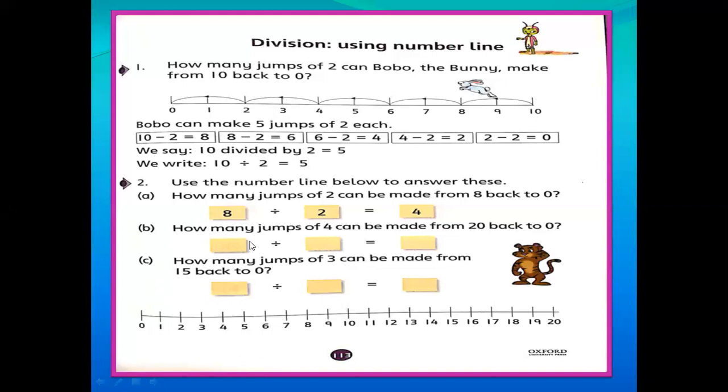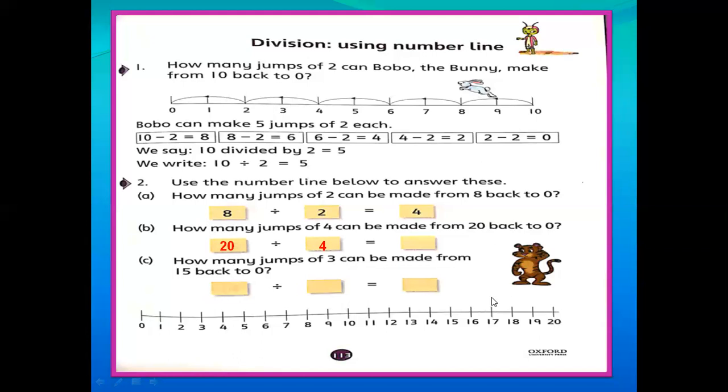B part, how many jumps of 4 can be made from 20 back to 0? First we write in the first box 20, in the second we write 4. Now read the table of 4. 4 ones are 4, meaning in one step. This is the 20.